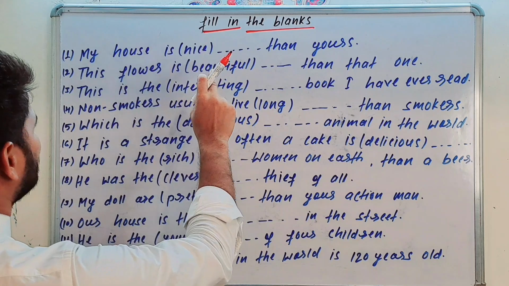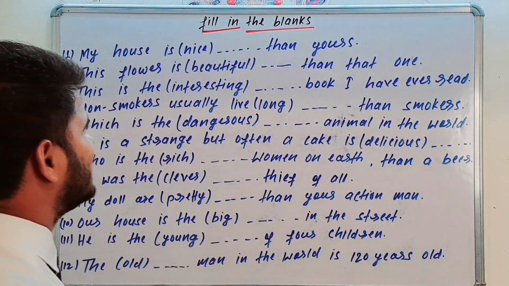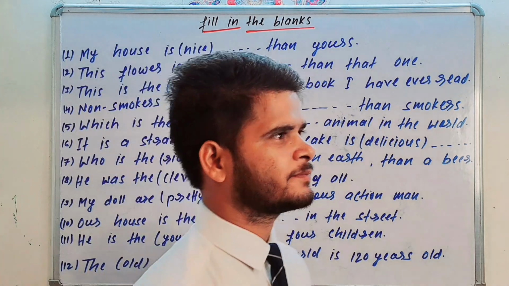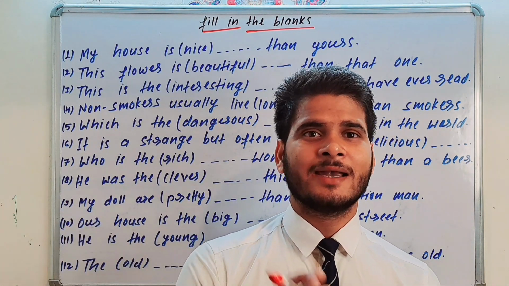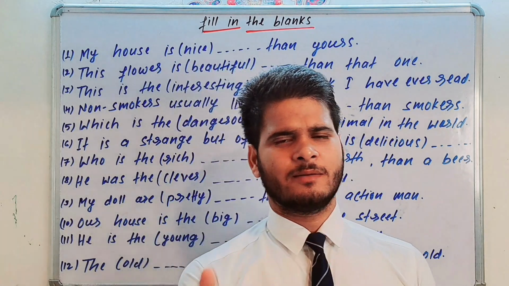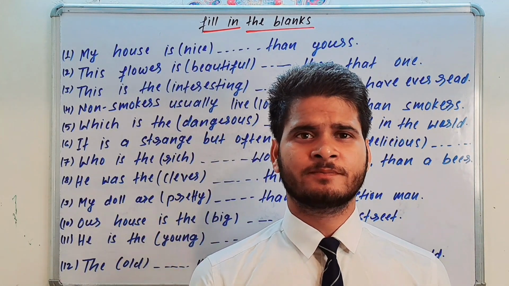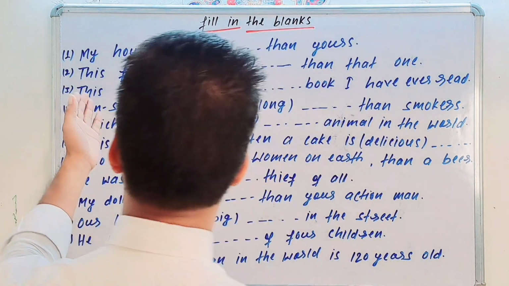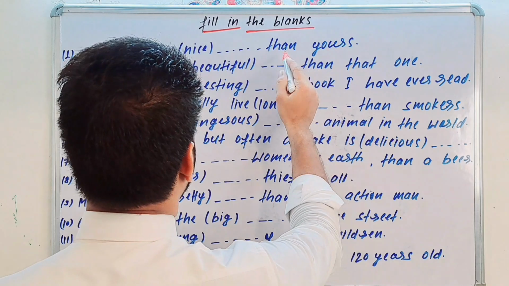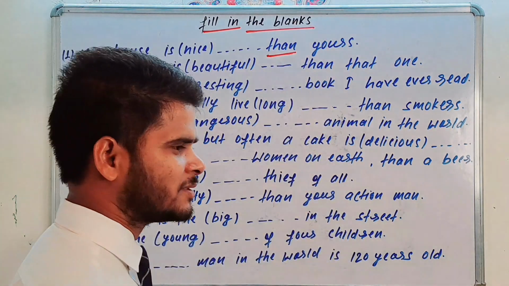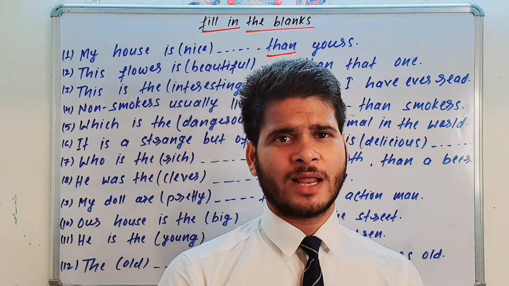My house is dash than yours. Beside that there is one option, nice. Here basically "than" is used, which means we have to put the comparative degree of nice.